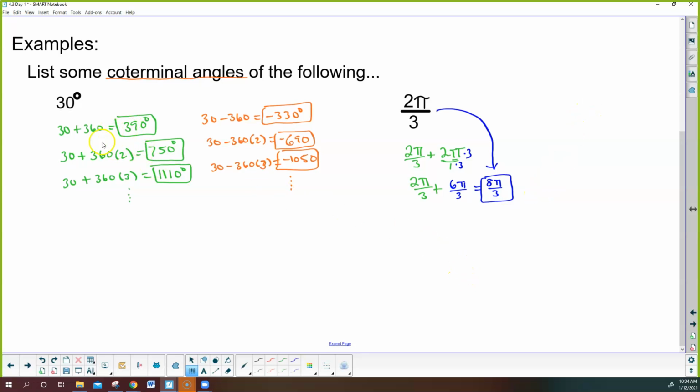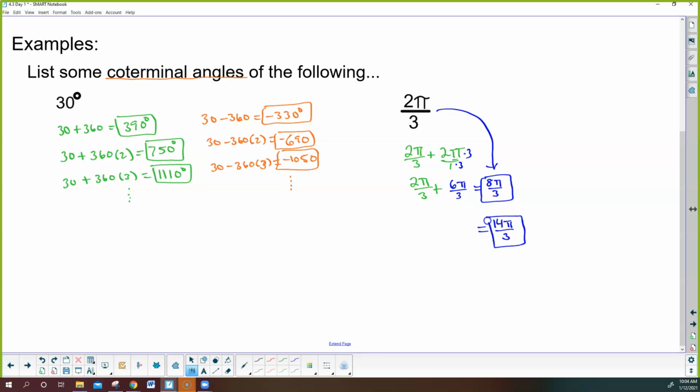Now, much like we did here, I can keep adding 2 pi to it. And to be honest, since I already know what this answer is, I'm not going to just reset it up like I did here, even though I could. I would just add, watch what happens. What if I add another 6 pi over 3 to this? Well, 6 plus 8 is 14 pi over 3.